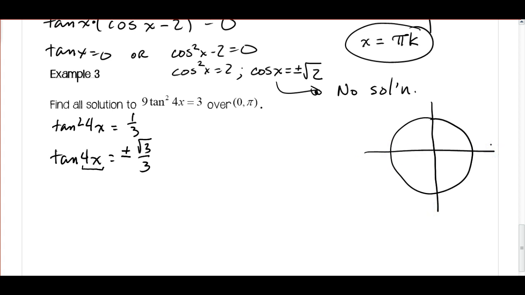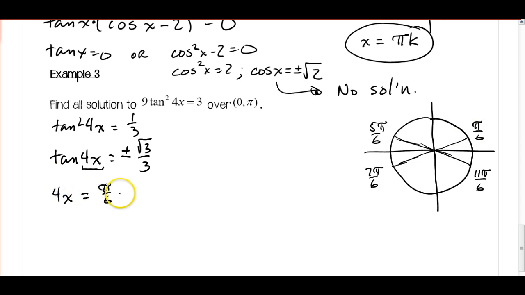And that's going to be at all of my pi over 6's. So here and here, I've got pi over 6, 5 pi over 6, 7 pi over 6, and 11 pi over 6. Now, when I divide these, that means that 4x is going to be pi over 6, 5 pi over 6, 7 pi over 6, and 11 pi over 6.